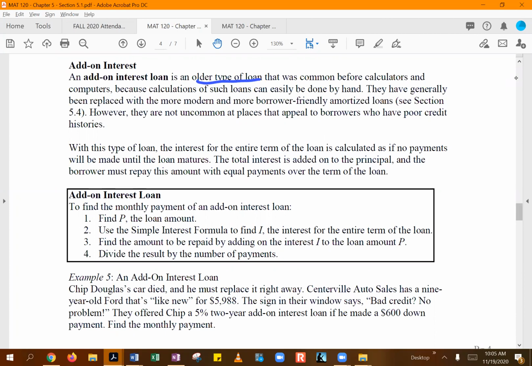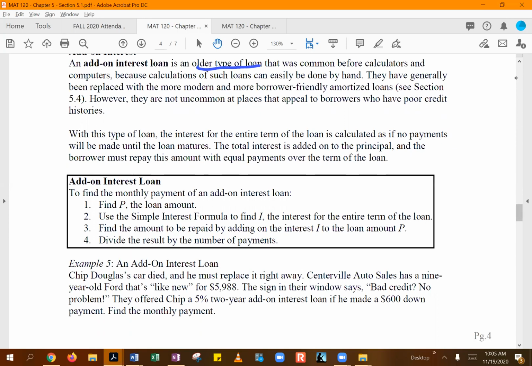These have been replaced, obviously with modern technology, with more borrower-friendly amortized loans. Now, we won't be getting into section 5.4, but if you wanted to look through those, you can go to your e-textbook through WebAssign and take a look at those.